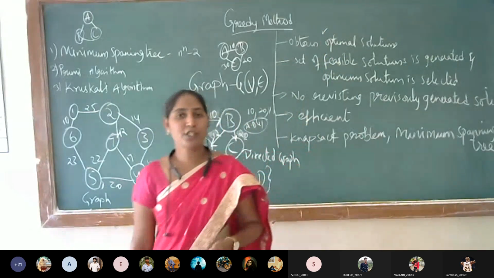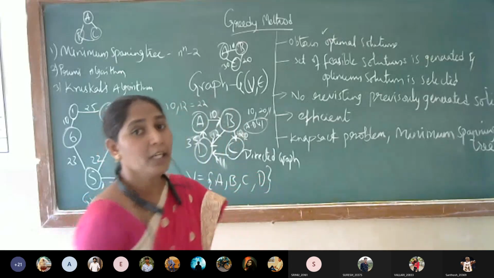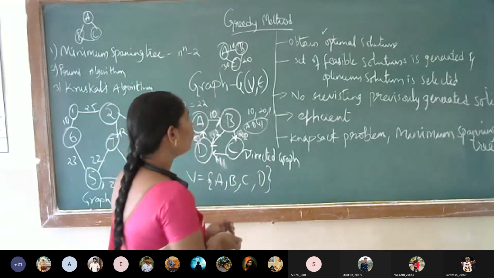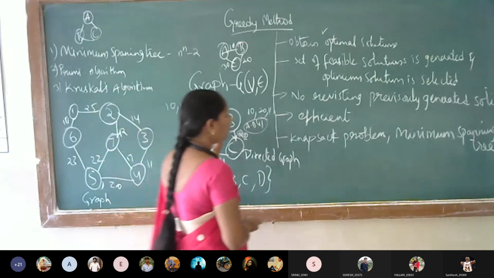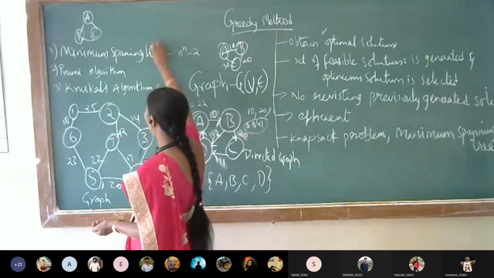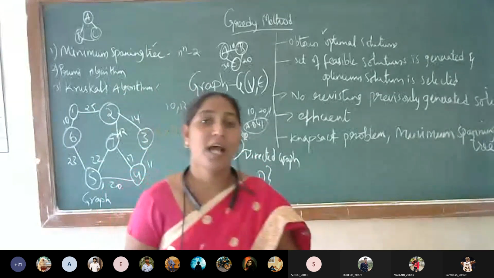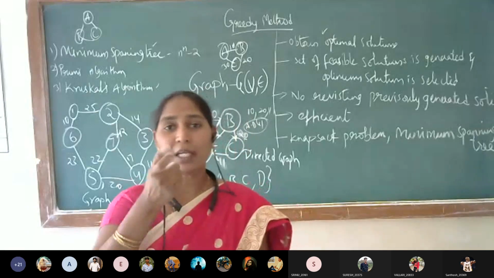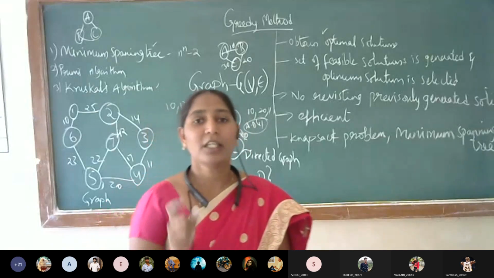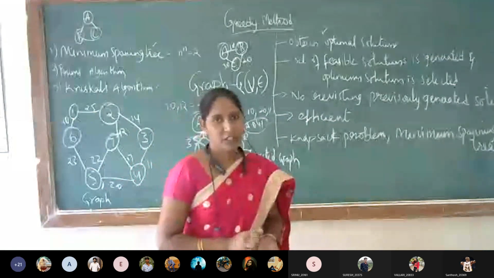The optimum solutions are obtained by making use of this particular greedy algorithm. In order to find that optimum, we make use of either Kruskal's algorithm or a minimum spanning tree. These minimum spanning tree algorithms are used for finding the minimum cost of the edges where it can visit from source to destination.